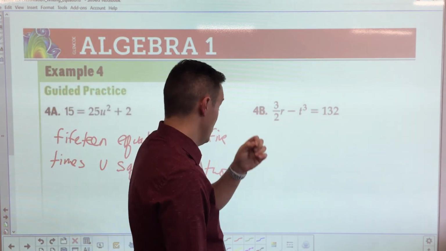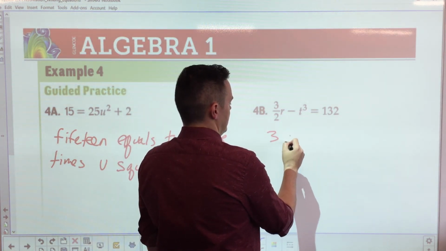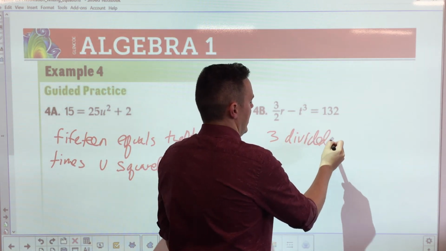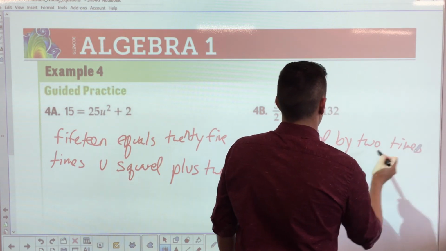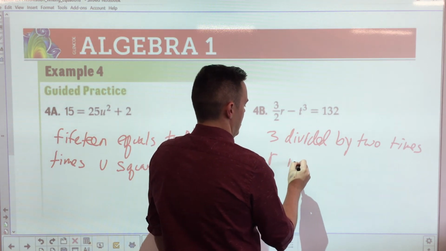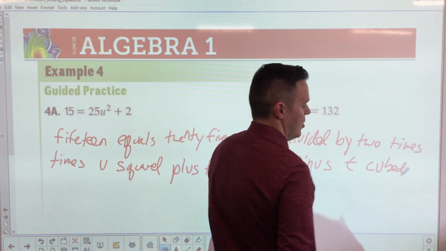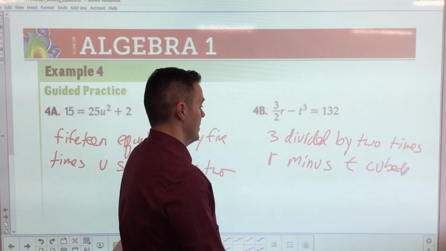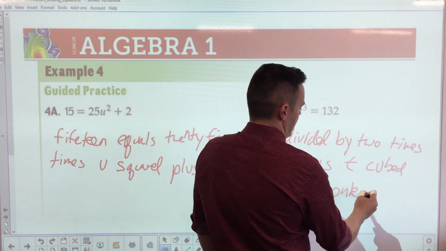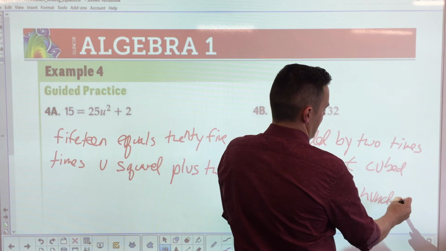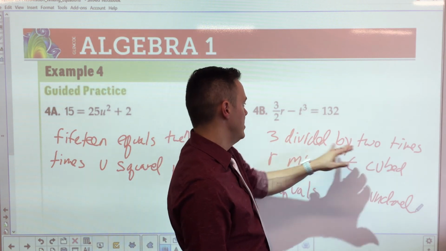All right, this one, ladies and gentlemen. I would say 3 divided by 2 times r minus t cubed, or you could say t to the power of 3, equals 132.